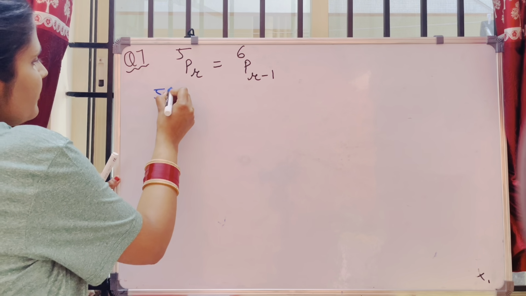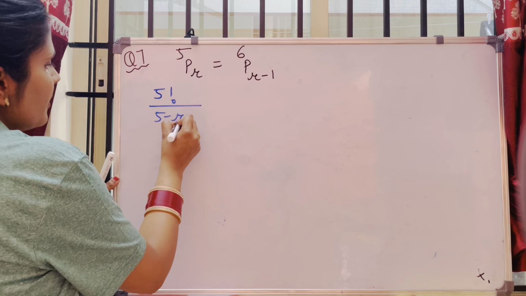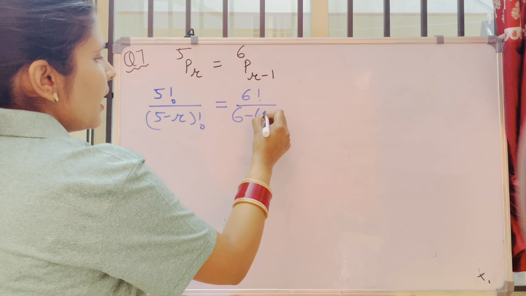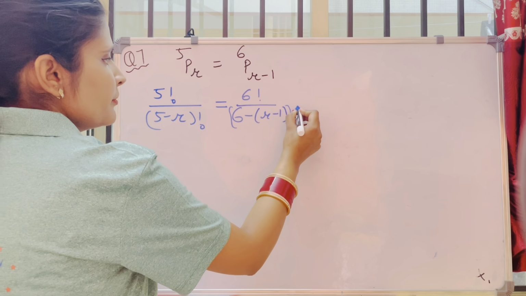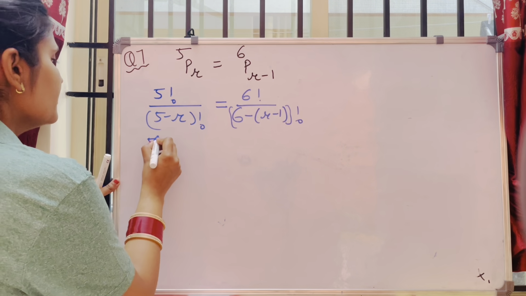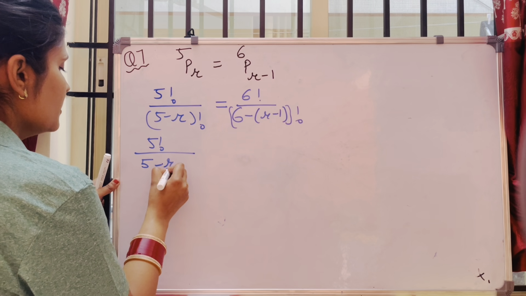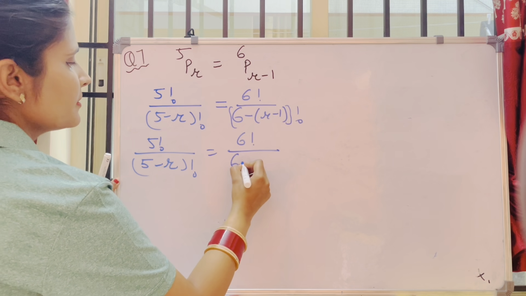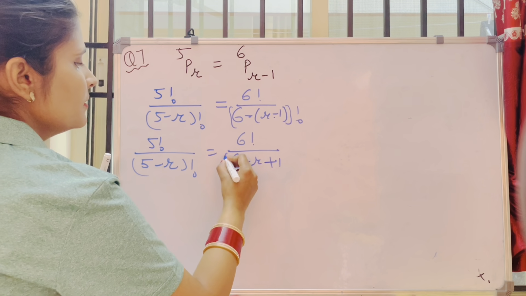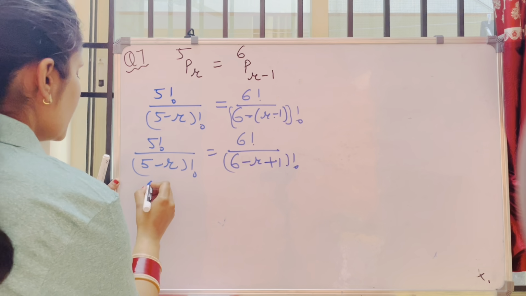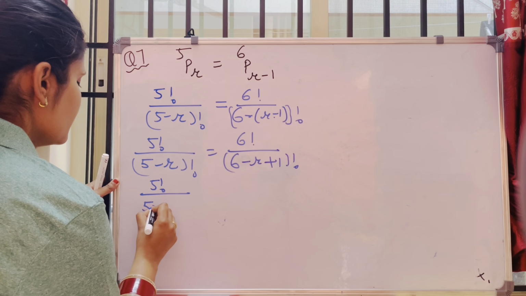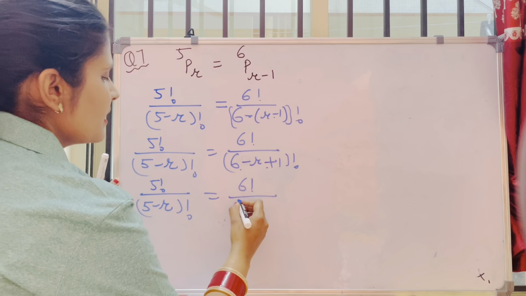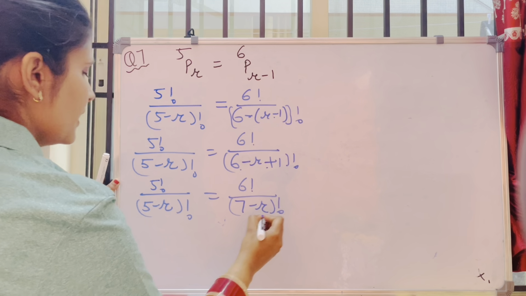So similarly, 5 factorial over (5 minus r) factorial is equal to 6 factorial over (6 minus (r minus 1)) factorial, right? And the next step: 5 factorial over (5 minus r) factorial equals 6 factorial over (6 minus r plus 1) factorial, which is (7 minus r) factorial.